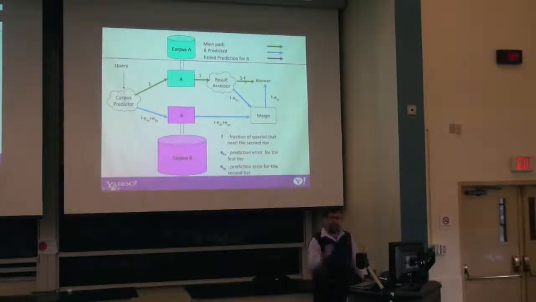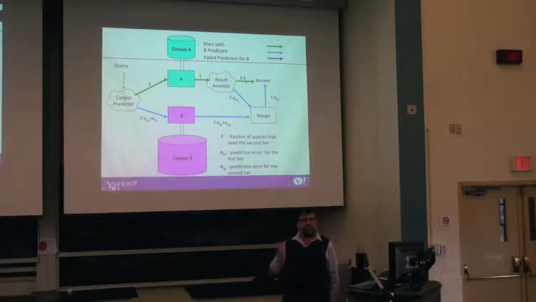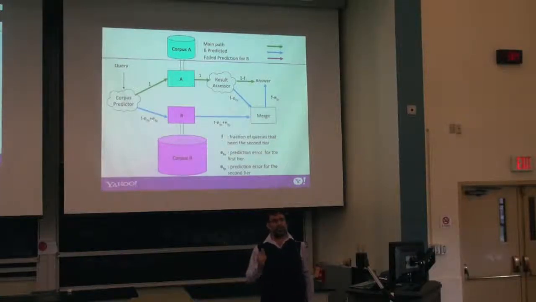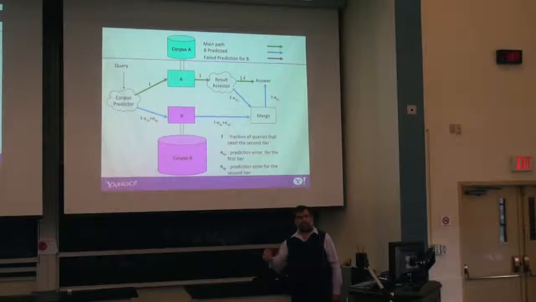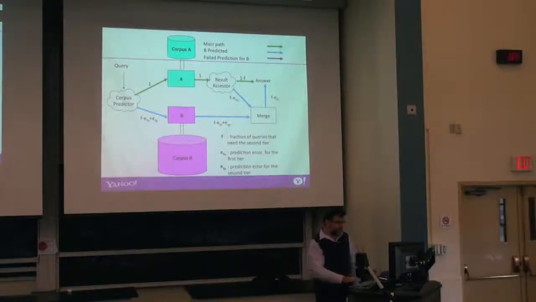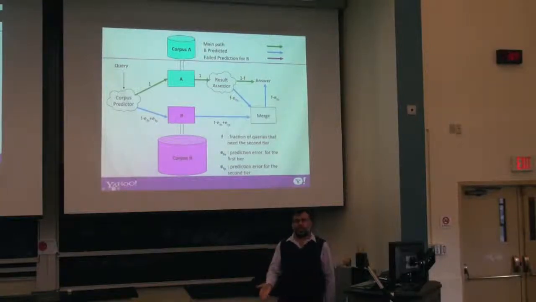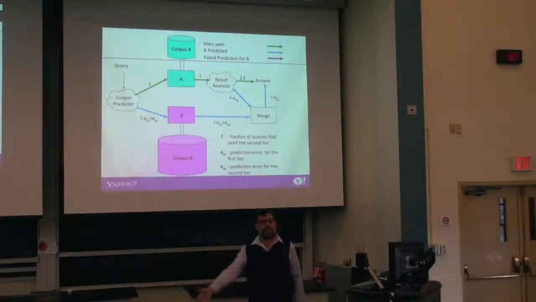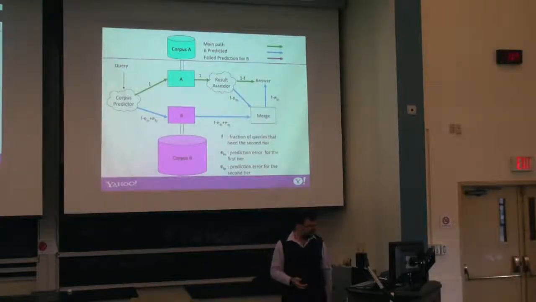So let's assume that F is the real fraction of queries that should go to the second index. If you were an oracle, you would know the answer. However, the predictor is not perfect, so you have F minus false negative plus false positive. False positive is extra load in the second index. So things that you send there, but you didn't need to send there. But you have to deal with that.